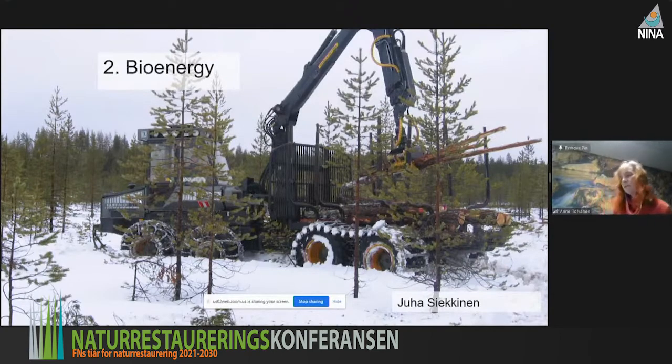Because when you take the trees out, you automatically raise the water table, because the transpiration caused by the trees is finished. So we expect that many of these peatlands where the trees are collected away will eventually go back towards pristine peatlands, unless the drainage ditches continue to run out the water. So it depends.